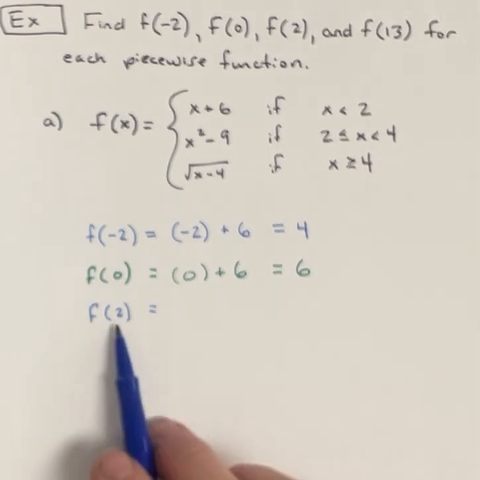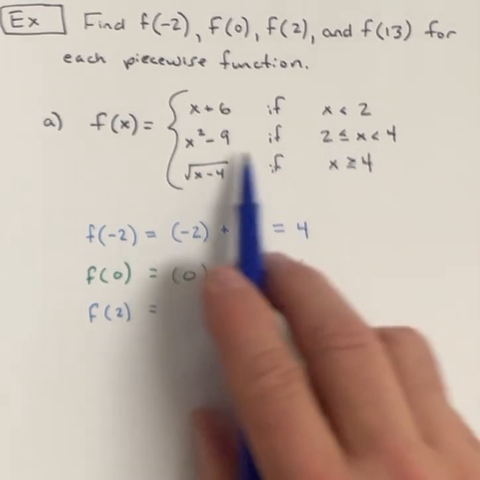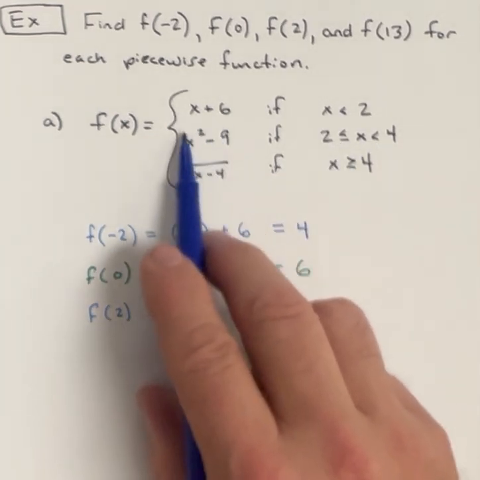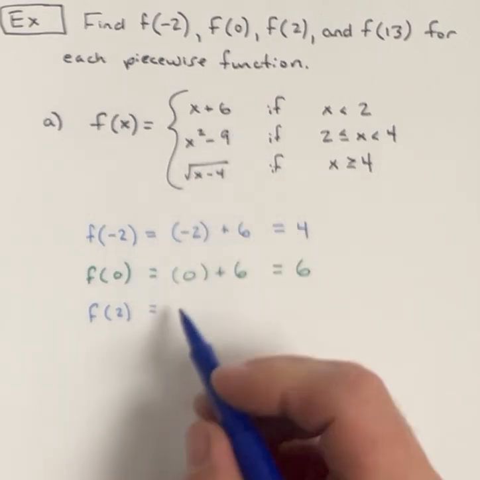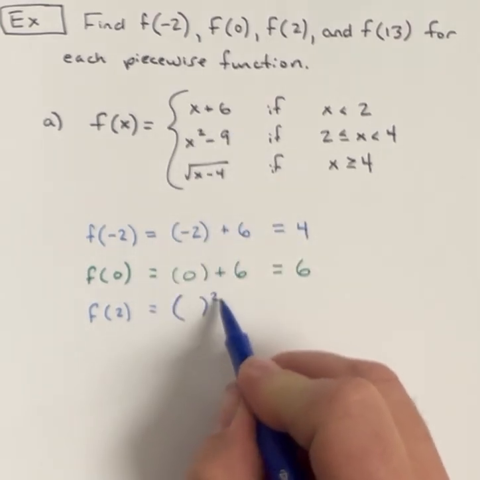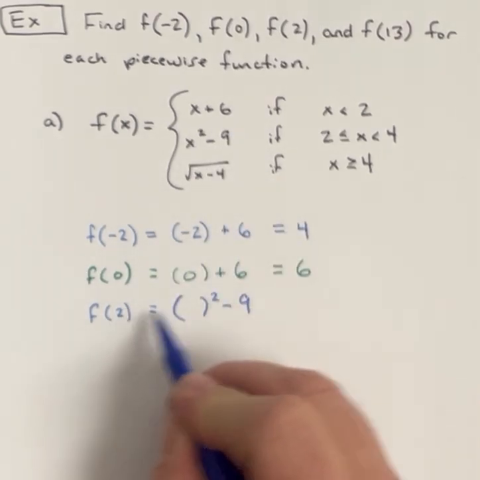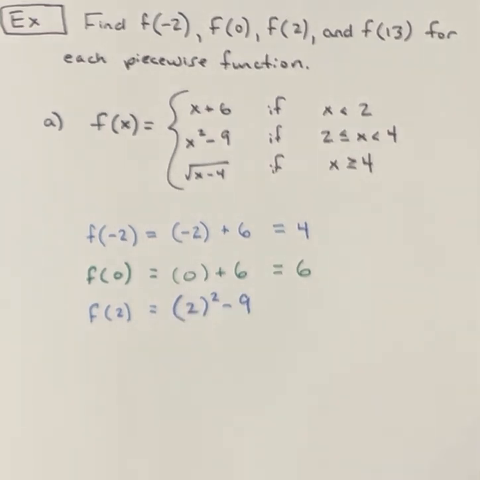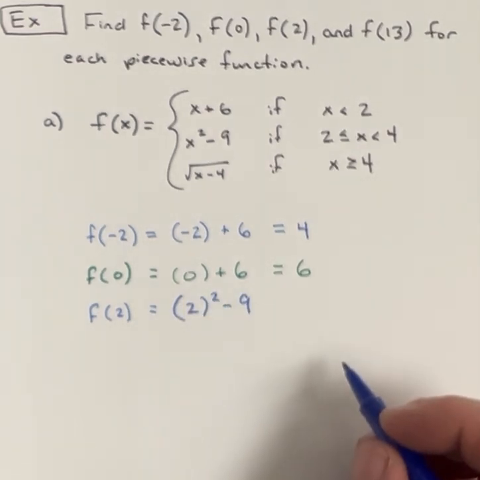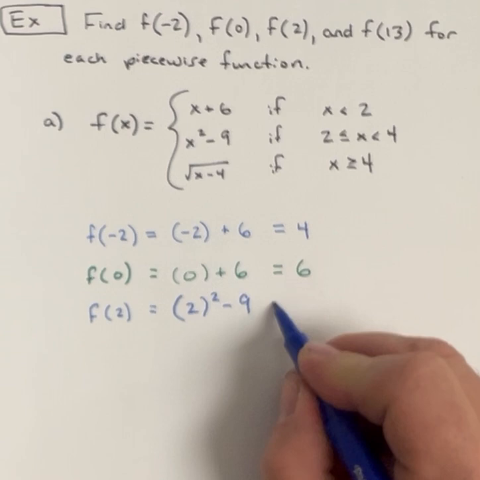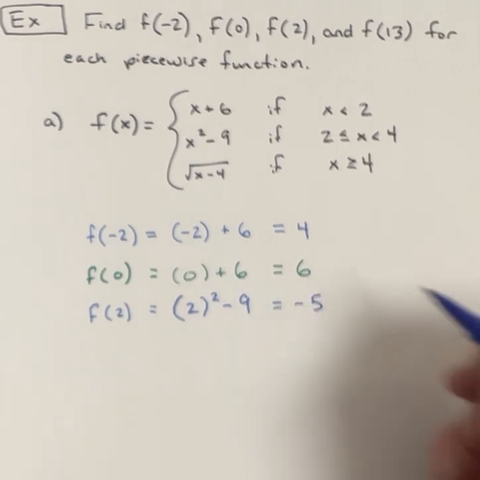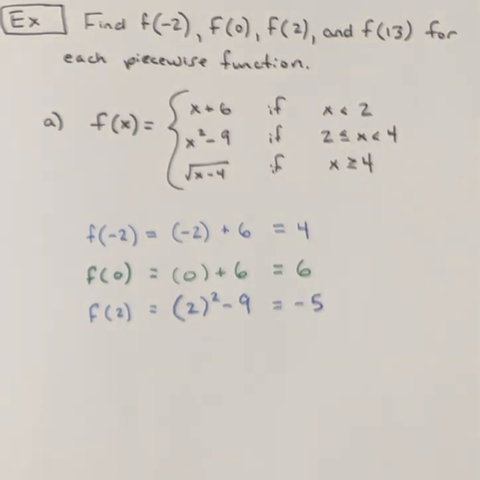So I want to take 2, and because it fits this constraint, plug it in for all the x's here. We have x squared minus 9, so that is parentheses squared minus 9, and we're plugging in 2. 2 squared is 4, minus 9 is -5, so -5 is our answer for that one.